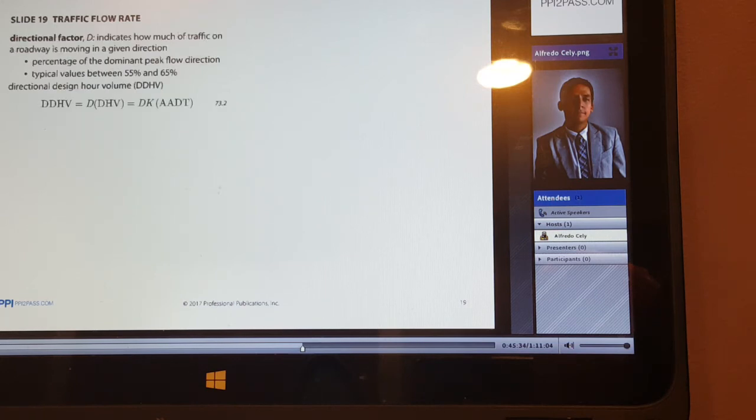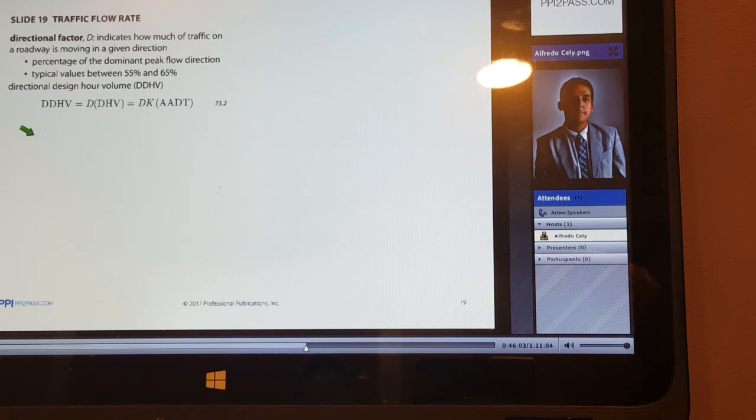Now we're getting into the directional factor, which indicates how much of the traffic on a roadway is moving in a given direction. So it is based on the percentage of the dominant peak flow direction, and typical values range between 55 and 65%. So the directional design hour volume is given as the DDHV.